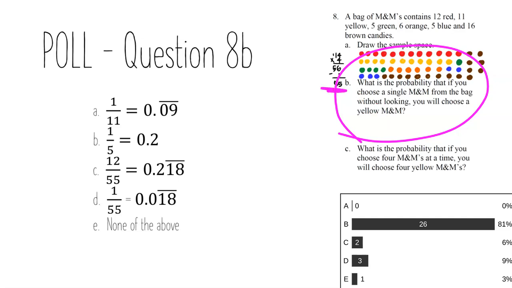You have a total of 55 M&Ms in your bag. 11 out of them are yellow. So 11 out of 55 reduces to 1/5.